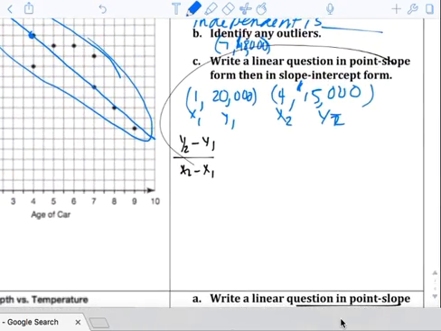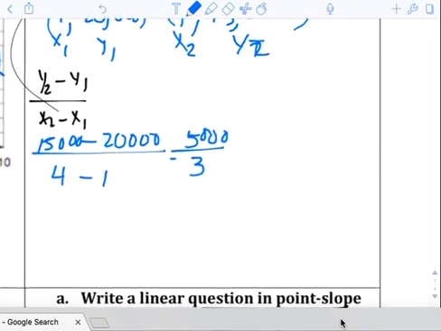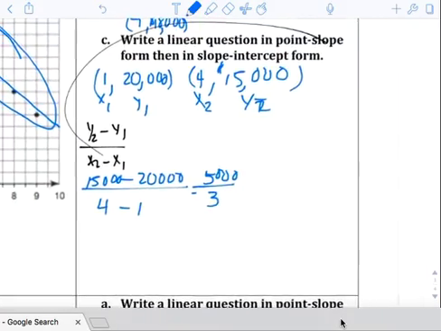Okay, and then you do 15,000 minus 20,000 over 4 minus 1, that gives you negative 5,000 over 3. Can't do anything with that. No, you can't. And you leave it like that.